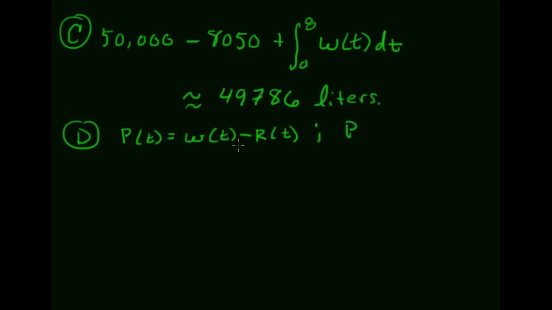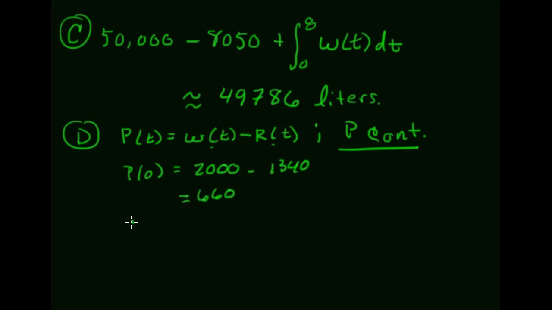Now we know that if these are both continuous, according to the problem, so P is continuous. We have to state that because that's a precondition to the intermediate value theorem, which is what we're going to use here. You see, we're going to show that P of 0, which is 2000 minus 1340, because we know R at 0 and we can figure out W at 0, is 660.